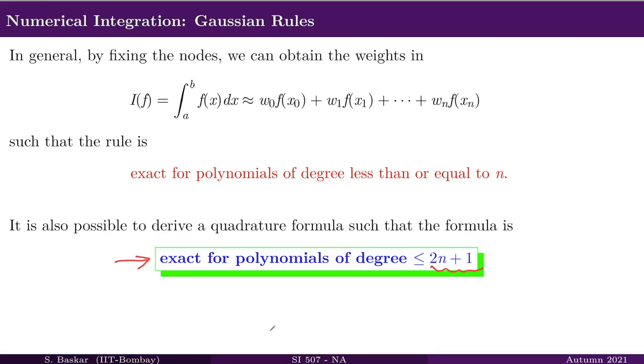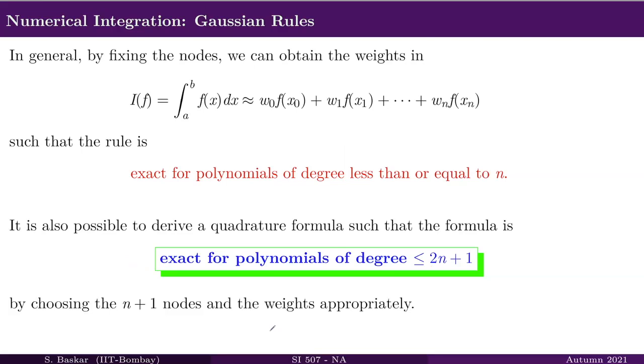That is the new condition that will give rise to another class of quadrature rules called the Gaussian quadrature rules. Okay, so this can be achieved by choosing n plus 1 nodes as well as weights appropriately. Nodes are not given to us, but we have to find the nodes as part of the method, as I told you. So that is the key idea of Gaussian quadrature rules.